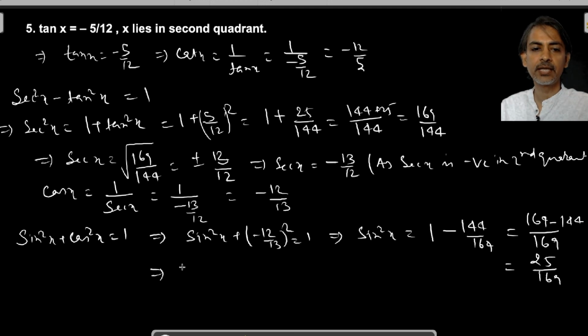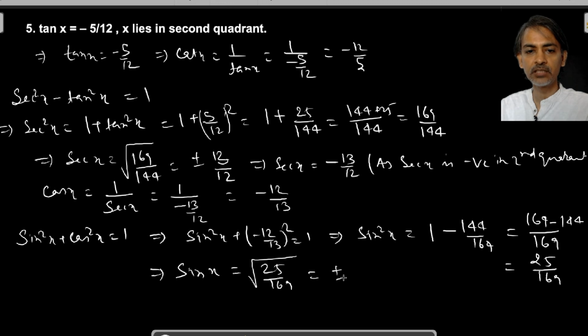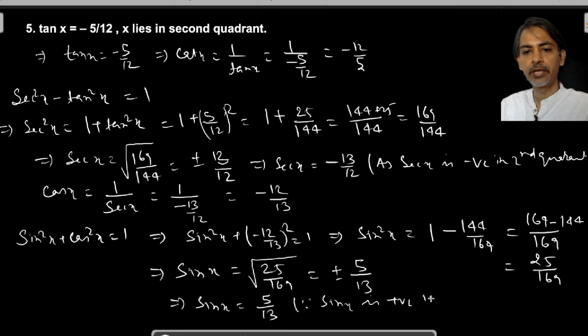So my sin x is what? My sin x is the square root of 25 upon 169, which is plus minus 5 upon 13. Again, my sin x would be positive in the second quadrant, so we will take 5 by 13, since sin x is positive in the second quadrant, right?